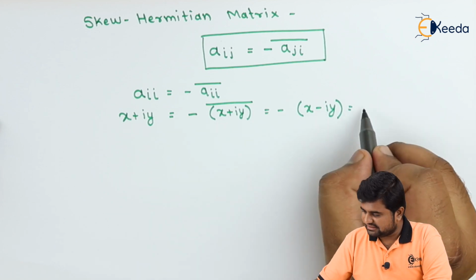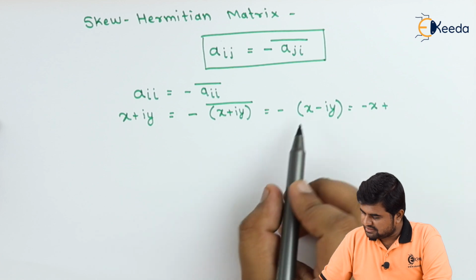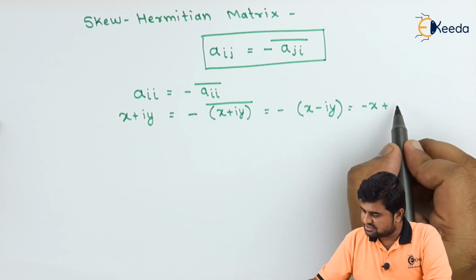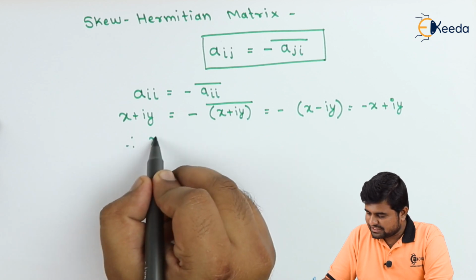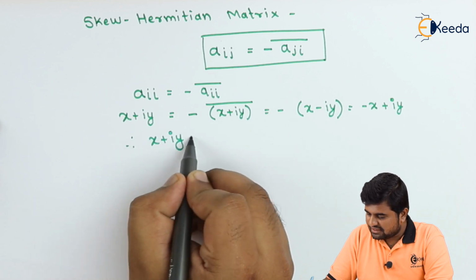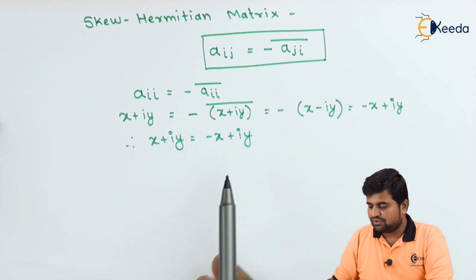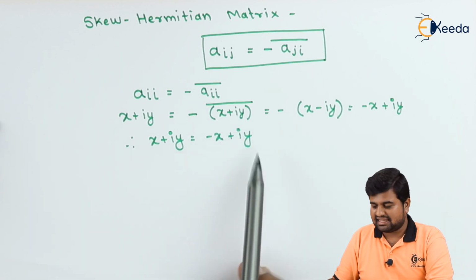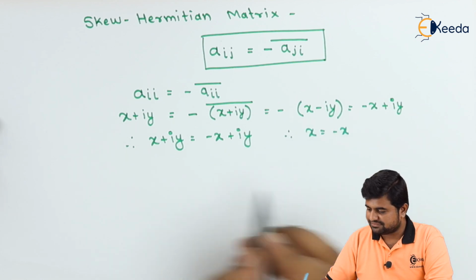So I'll take the minus sign inside: minus x, and this minus minus becomes plus, so this is plus iy. Therefore, we have x plus iy is equal to minus x plus iy. Now this iy and this iy we can cancel, and therefore we get x is equal to minus x.